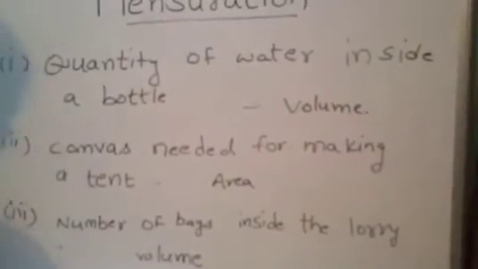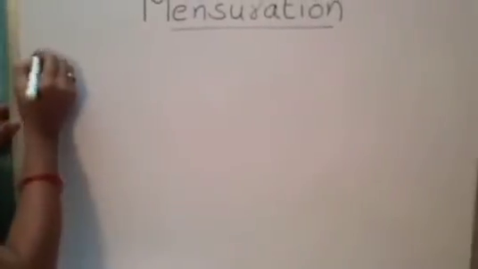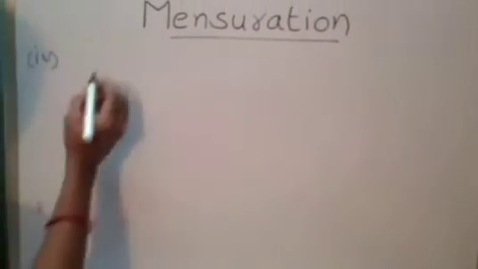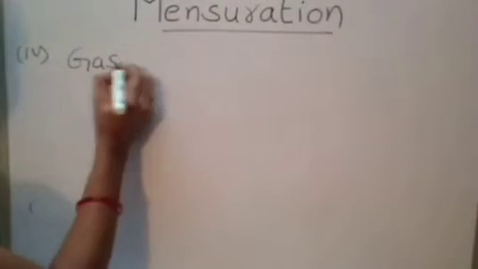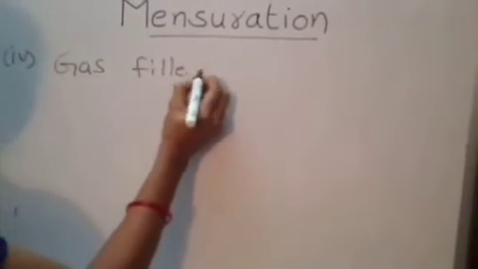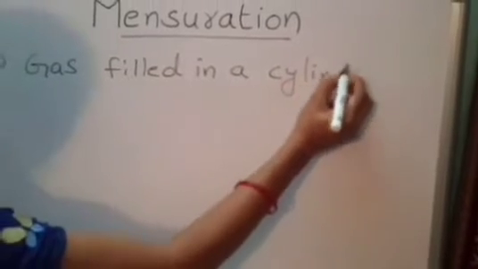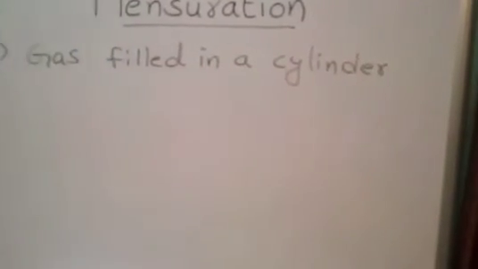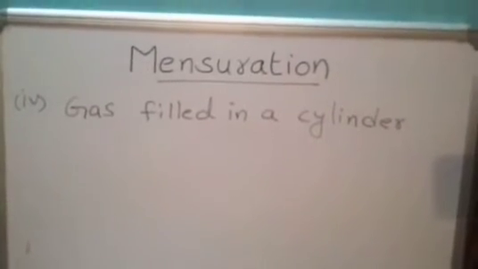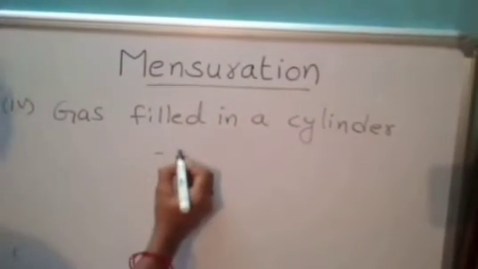And next, fourth one. Gas filled in a cylinder. How much space does gas occupy in a cylinder? That space is called volume.